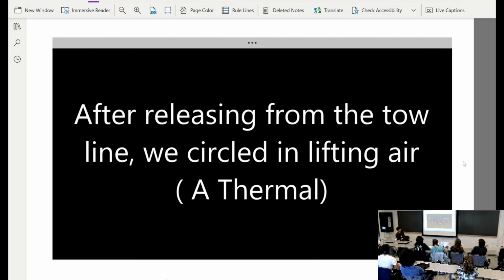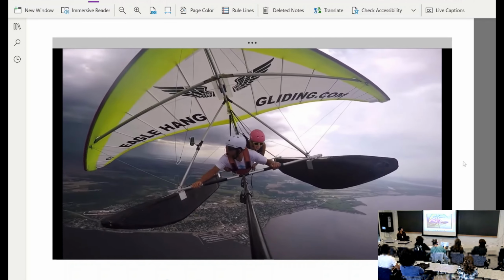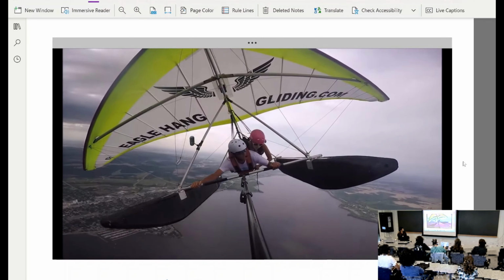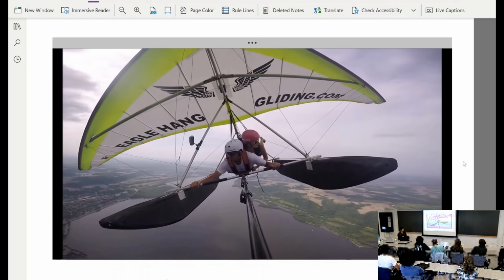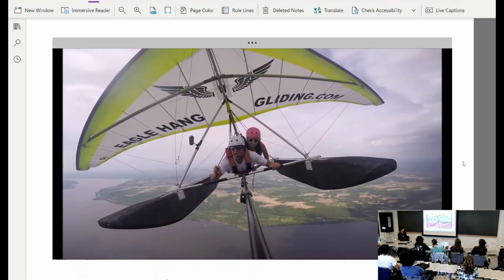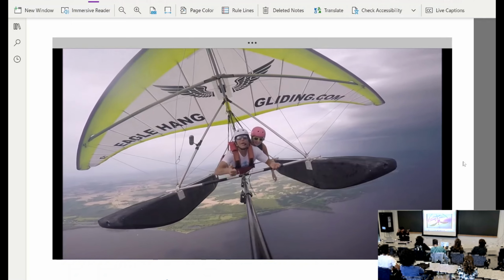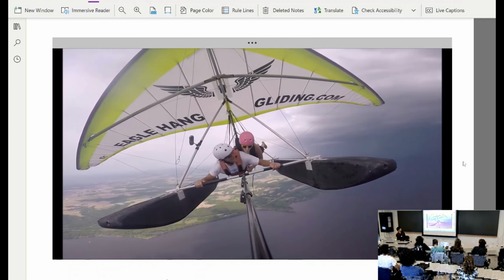So the gliders catch thermals, which is upward-going air, right? That's how they go up further without any power. And they usually go into shallow circles just so they stay within the upward lifting air.